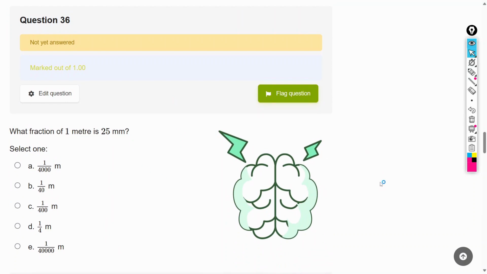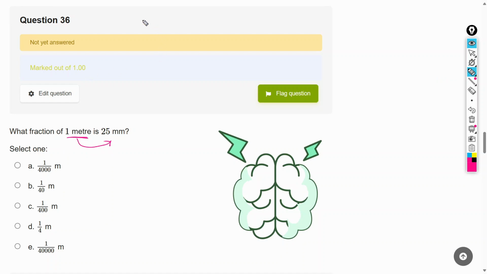What fraction of 1 meter is 25 millimeters? So, since both of them are not in the same units, we should change both of them to be the same units. Since meter is the bigger one, we change from meters to millimeters.